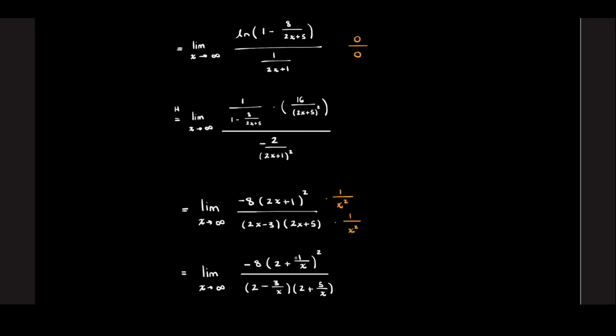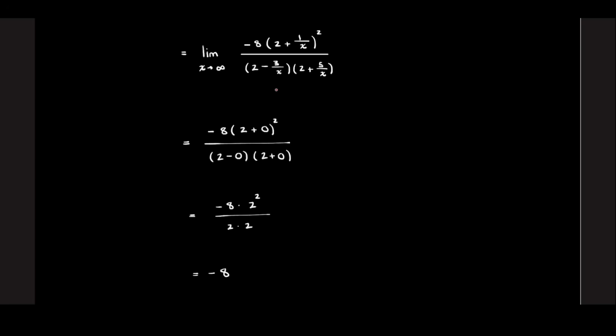So you get 2 plus 1 over x squared. Similarly, this one's a little bit much simpler. We can just take the x squared, divide this one by x, divide this one by x. And so that means you can divide each term in here by x. And the x's over here cancel. And this just gives you 3 over x. The x's over here cancel. And this gives you 5 over x. And you get this expression.